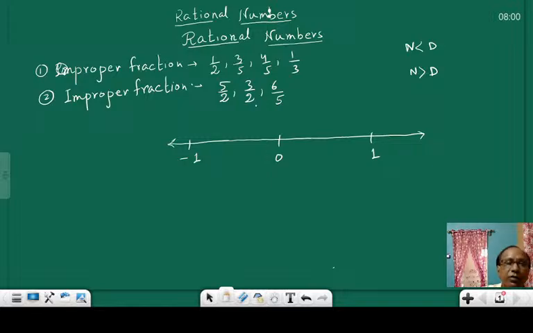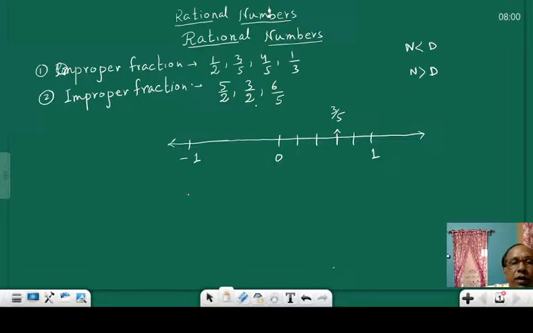For 3 by 5, you have to divide this into 5 equal parts, 1, 2, 3, 4 and 5. We take 3 by 5, that is 1, 2, 3. This point represents 3 by 5.